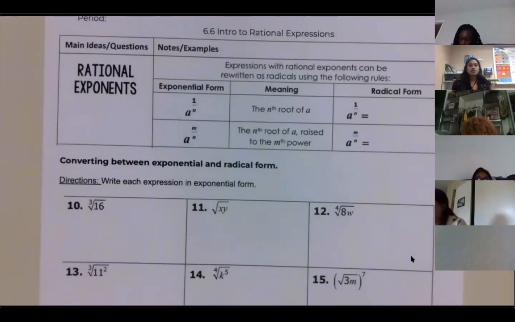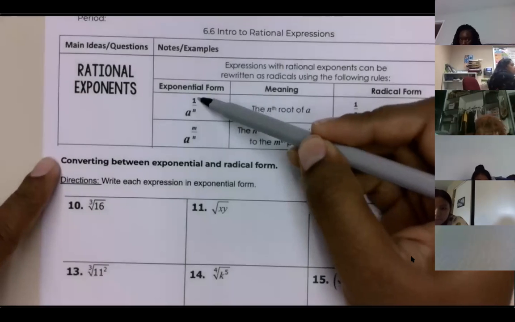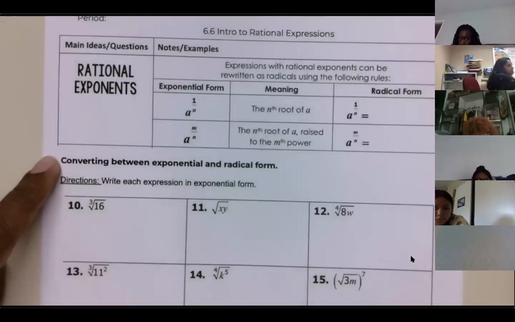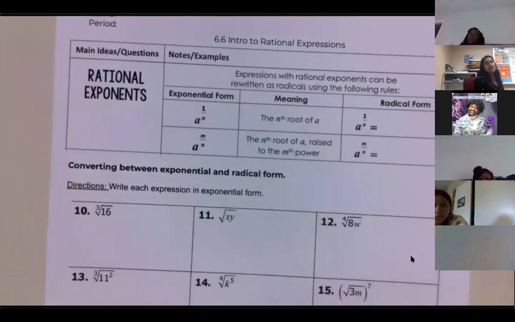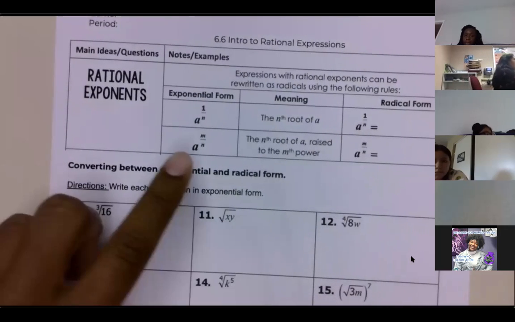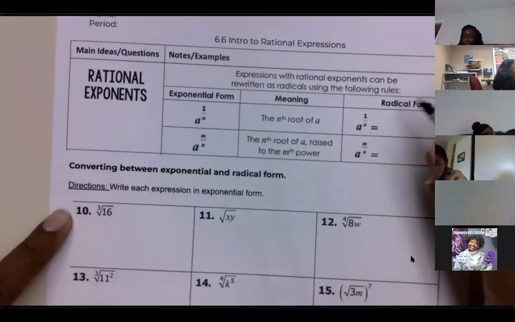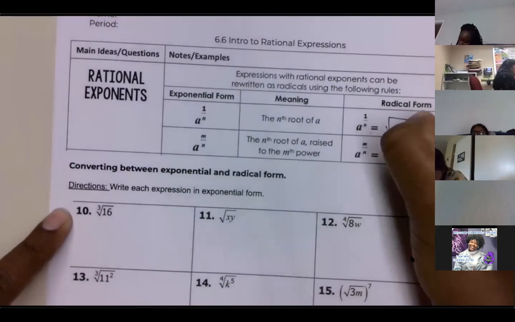Expressions with rational exponents can be rewritten as radicals using the following rules. So you can go between both forms. That's the whole point of it. The first type you might see is an exponent where you have 1 in the numerator over n, which could be any number. So it's a to the 1 over n. And the way that we would say that is the nth root of a. So if I wanted to change this to a radical, the base a goes underneath the radical.